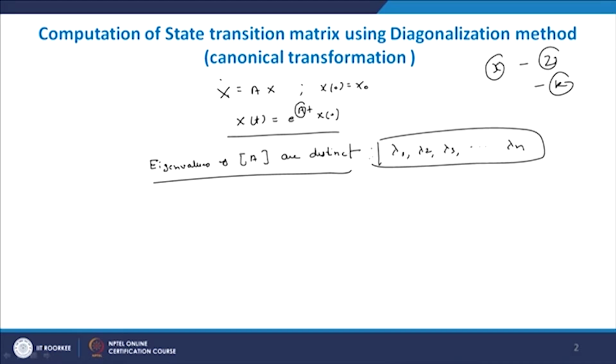As I told you, diagonalization is based on new state vectors, so we assume a new state vector, let us say k.